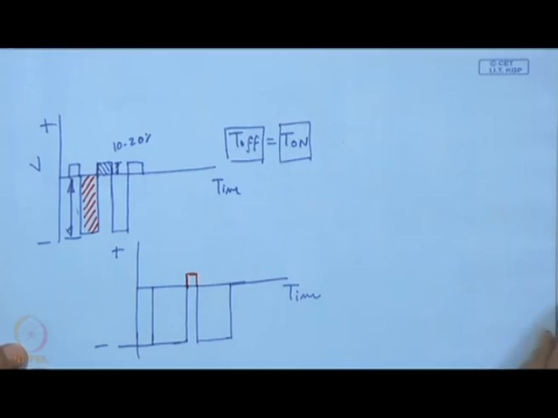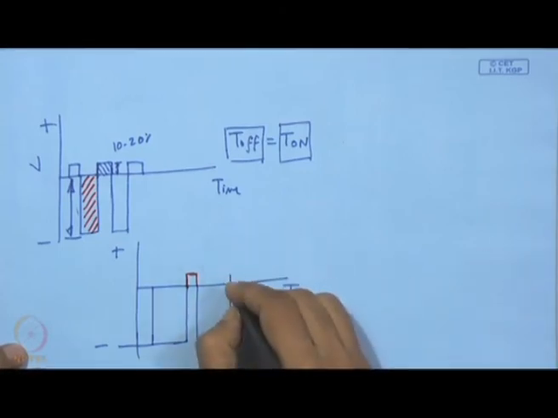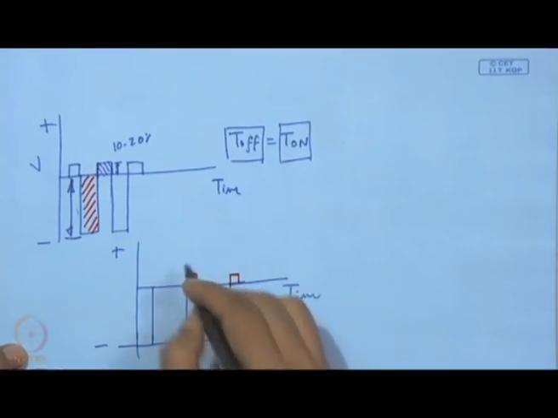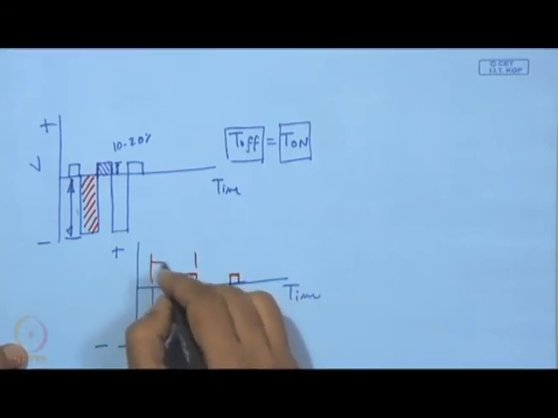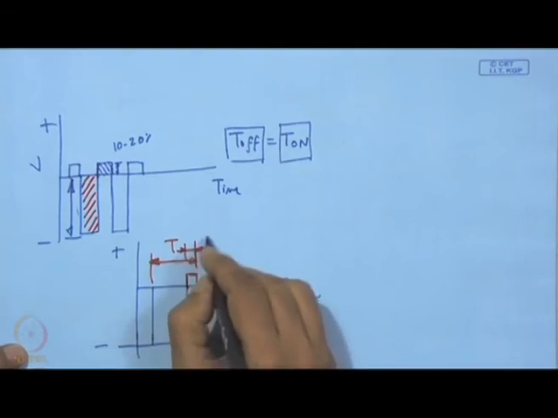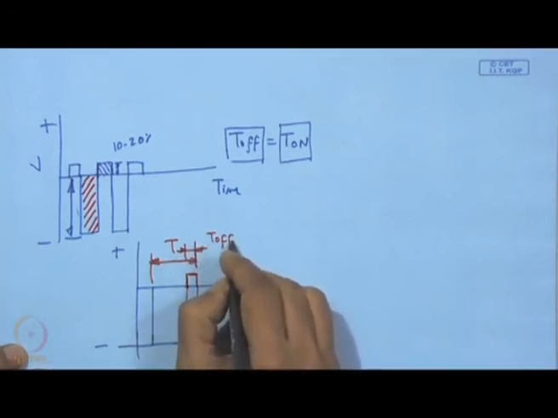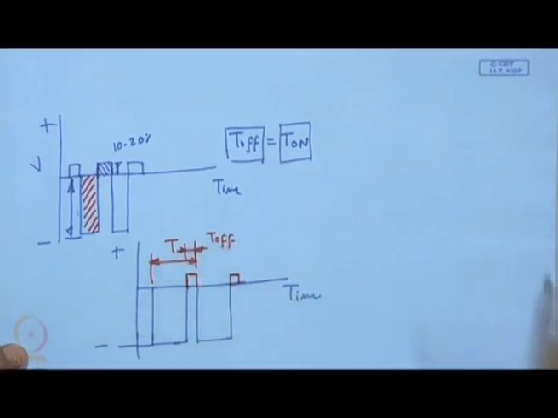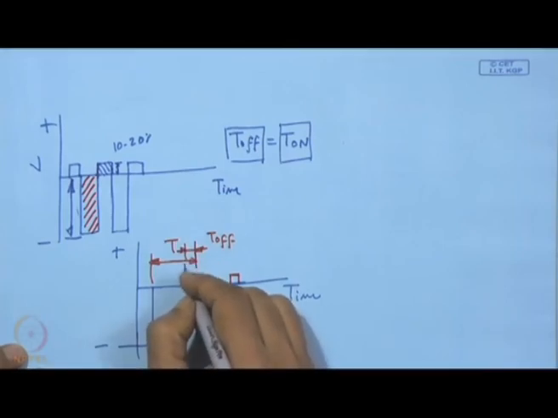So, this is also one possibility, but here one has to be extremely careful that though this is the total time T, out of this just T off. That means, this is the duty cycle and this is T on.